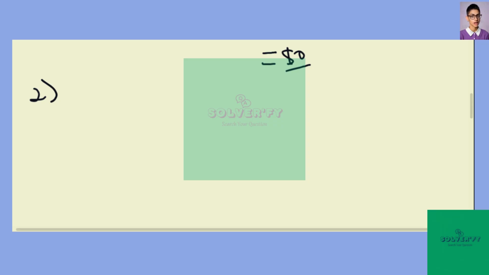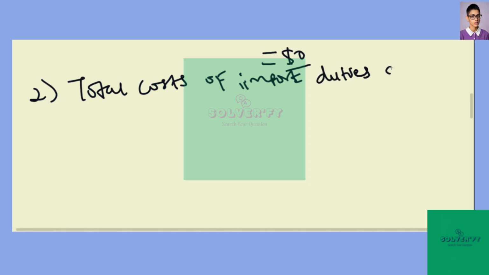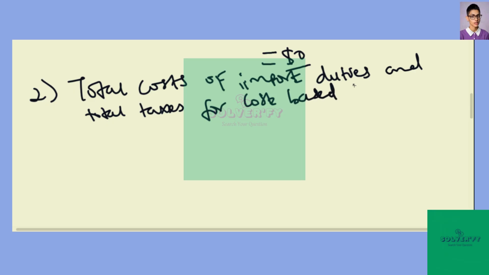So the total cost of import duties and total taxes for the cost-based transfer price is equal to the tariffs plus the total taxes.